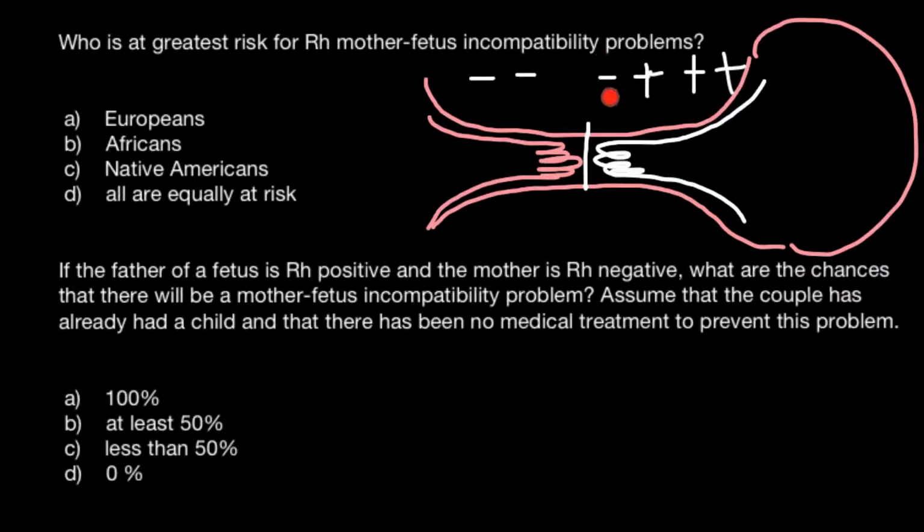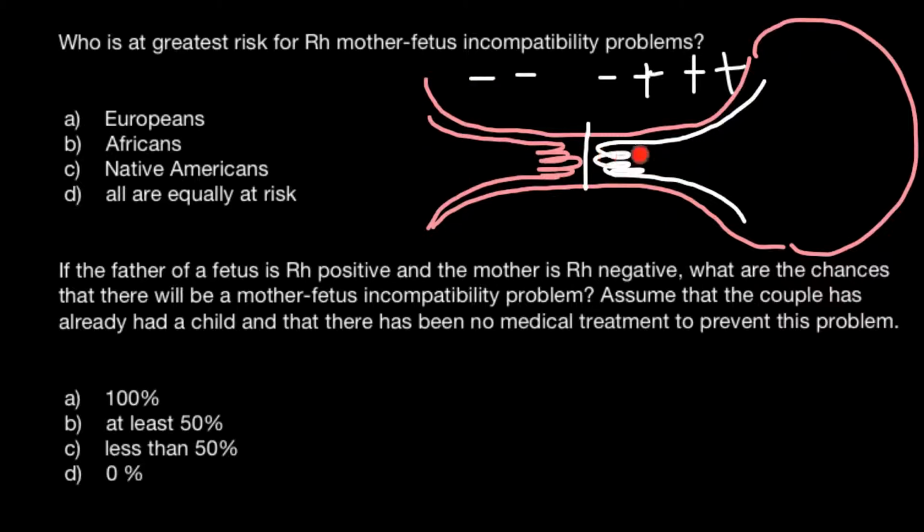And actually this minus stands not for a form of the allele, it stands for the absence of this allele. So as you see, when the mother is Rh negative, she is homozygous for this Rh factor. And the fetus has a protein on the surface of the red blood cells that the mother doesn't have.